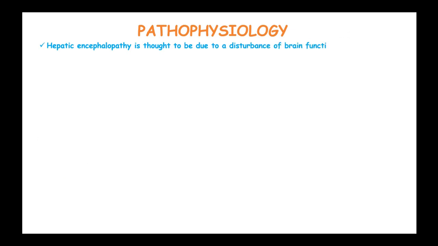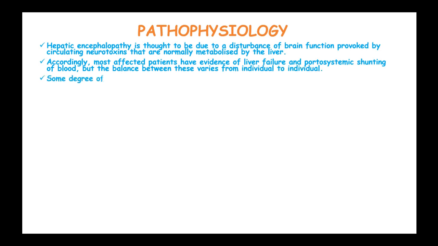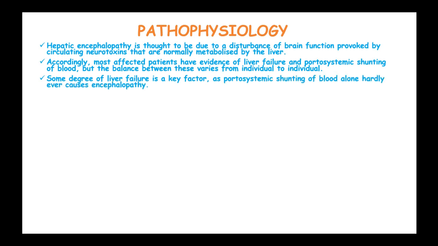Hepatic encephalopathy is thought to be due to disturbance of brain function provoked by circulating neurotoxins, which are normally metabolized by the liver. Most affected patients have evidence of liver failure and portosystemic shunting of blood, but the balance between these varies from individual to individual. Some degree of liver failure is a key factor, as portosystemic shunting of blood alone hardly ever causes encephalopathy.